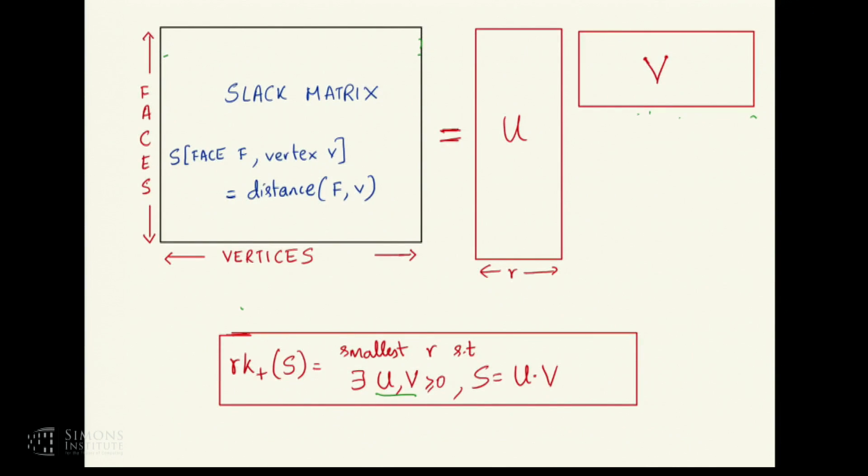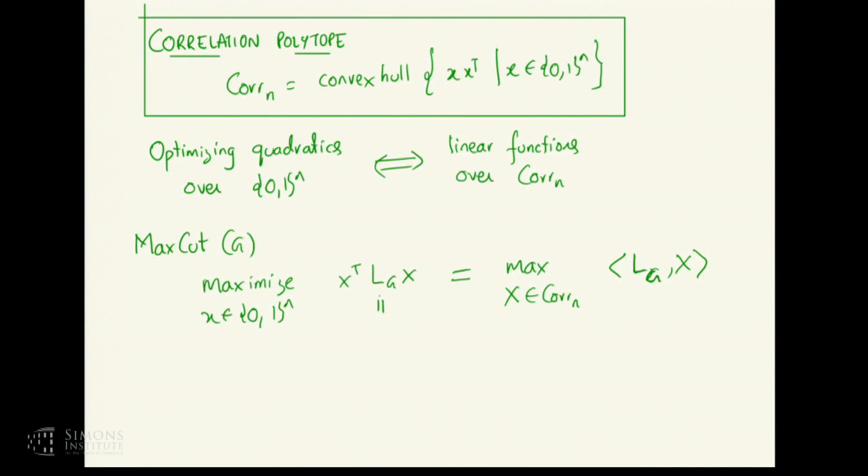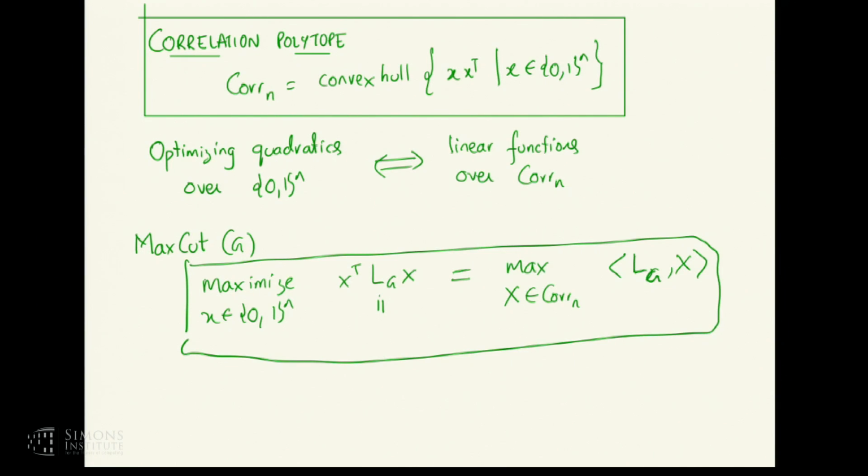Right, so what are we trying to do? We're trying to solve max cut. So we wrote this optimization over the correlation polytope. And what does it mean to certify the value of the max cut being smaller than, let's say, C? It's just to certify that C minus L sub G comma X is greater than or equal to 0 for all X in the correlation polytope.